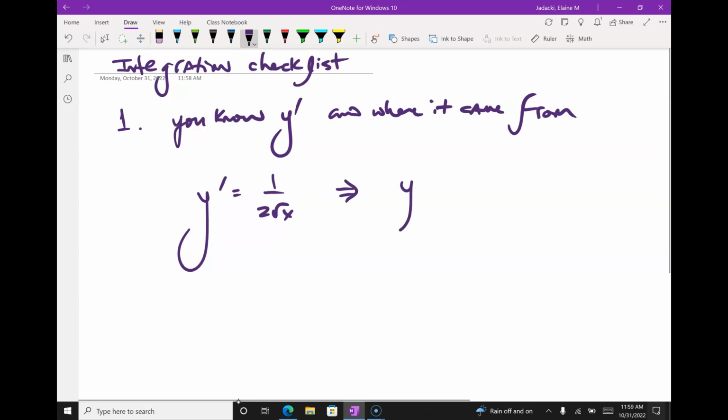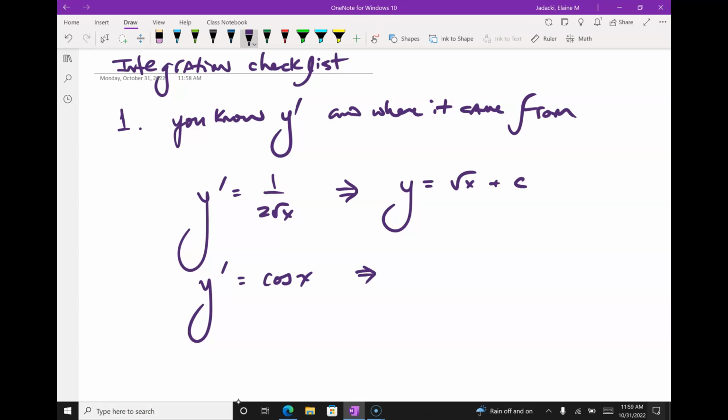We know that one by heart, that y must be square root of x plus that constant c, right? You just recognize it, right? So example, y prime is cos of x. The derivative is cos of x, right? So you know where y is, right? What is it? Yeah, sine of x plus c.